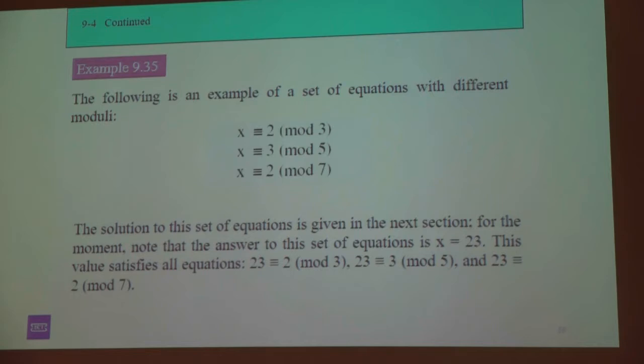So for example, the following is a set of equations. x modulo 3 gives you 2. x modulo 5 gives you 3. x modulo 7 gives you 2, right? Let's check the first condition: are 3, 5, 7 relatively prime?